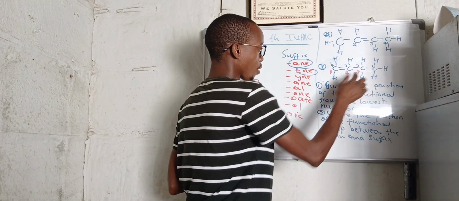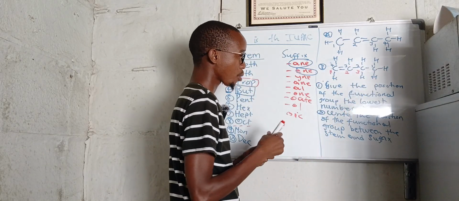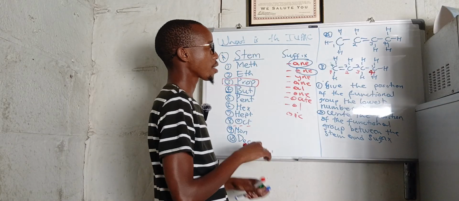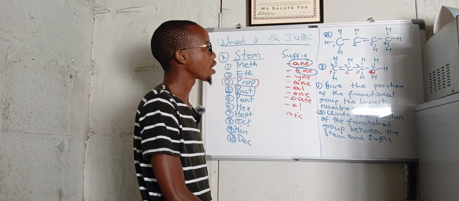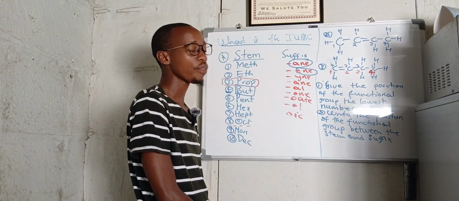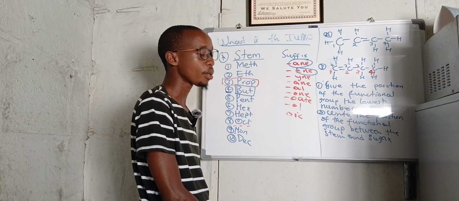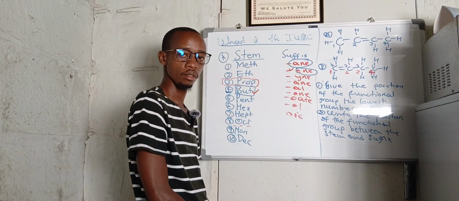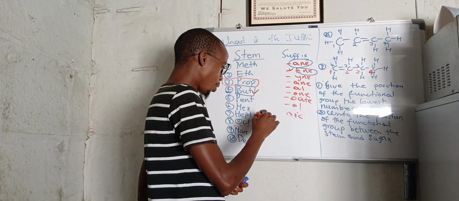Now we realize also that it has 4 carbons, which is beautiful. Since it has 4 carbons, we need to check what functional group it has. It has a double bond. So we know 4 carbons and then ene, meaning it starts with but.